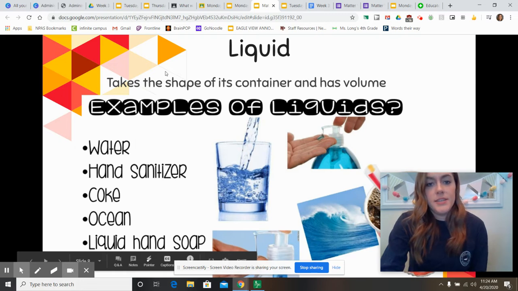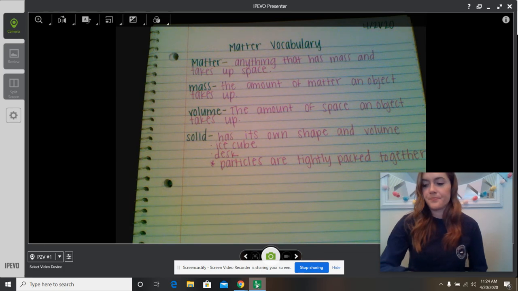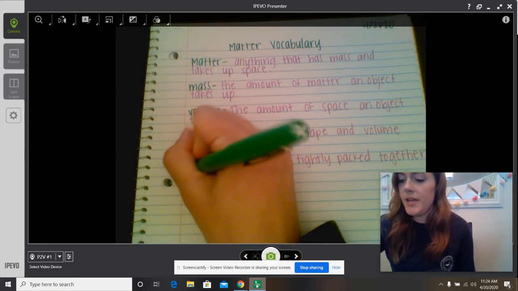A liquid takes the shape of its container and has volume.